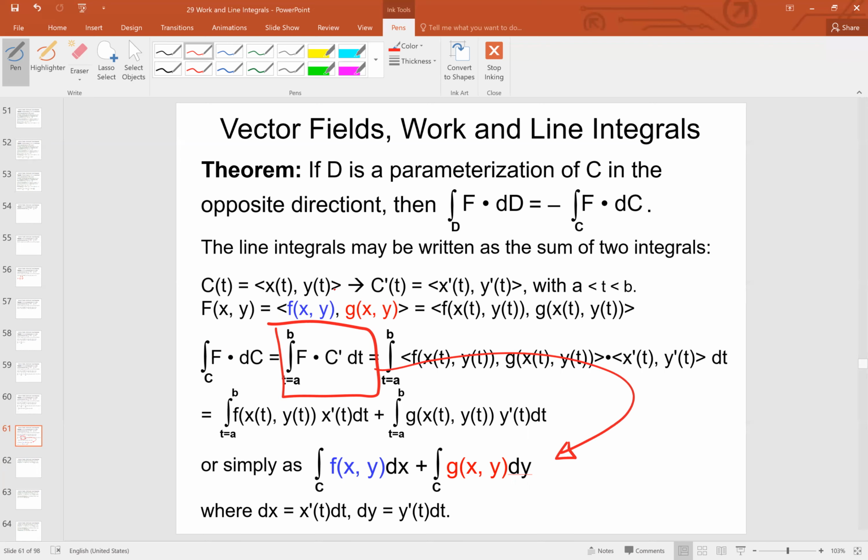That is, the f integral with respect to dx is x prime of t, with everything in t, dx prime t dt times this, if you like. And the dy, if you like, is going to be y prime of t times y prime of t dt, if you want all the way back to dt.